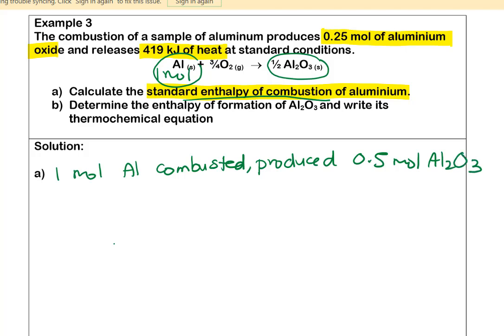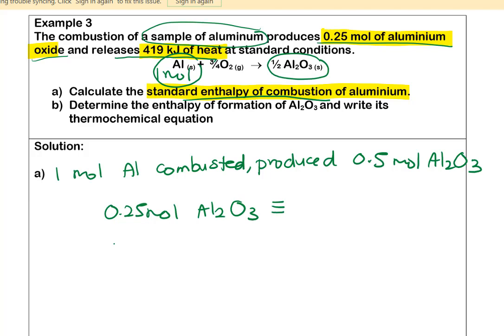Tapi dalam soalan, dia bagi tahu 0.25 mole of aluminium oxide will be produced and releases 419 kilojoule of energy jika kita bakar certain amount of sample. Tak tahu berapa banyak sampel aluminium dibakar. Okay, so kita kena buat stoichiometry. 0.25 mole of aluminium oxide dia akan being produced bila reaction tu releasekan energy this much.